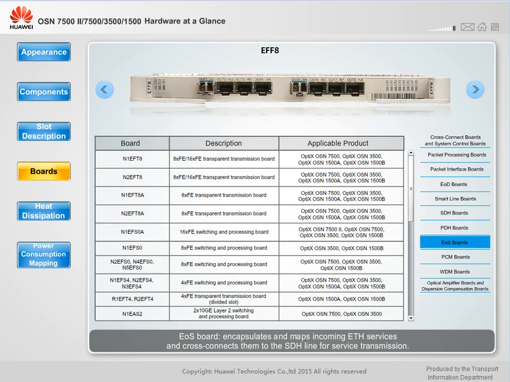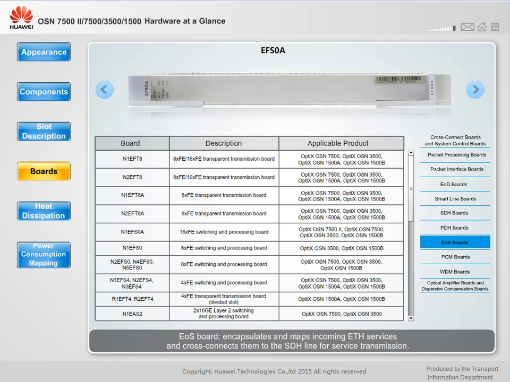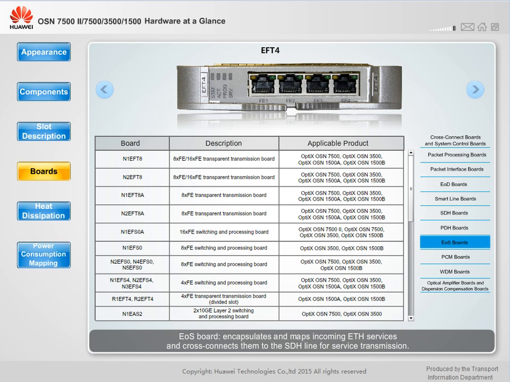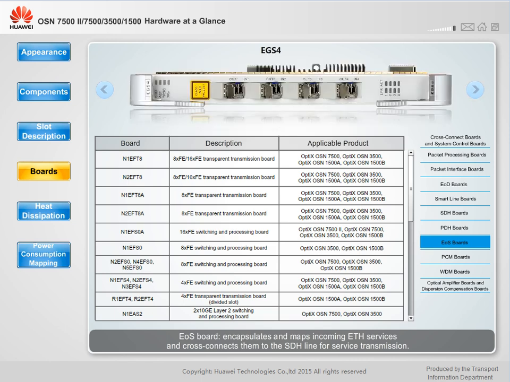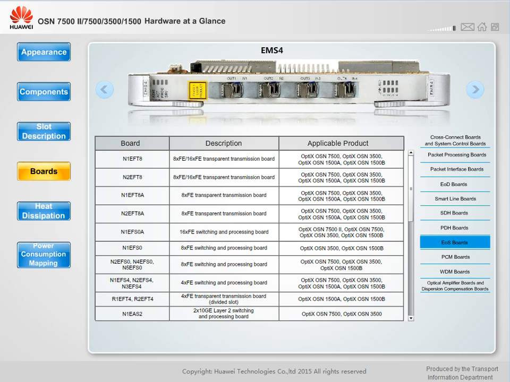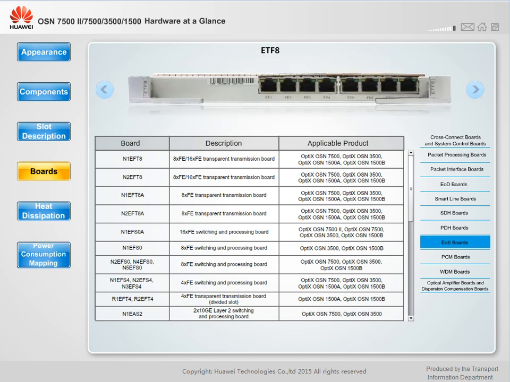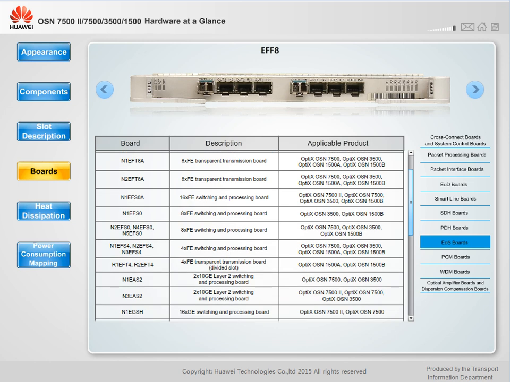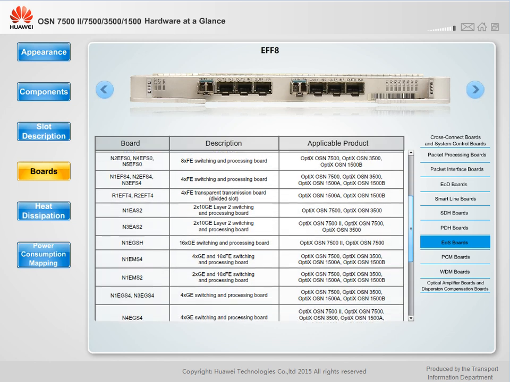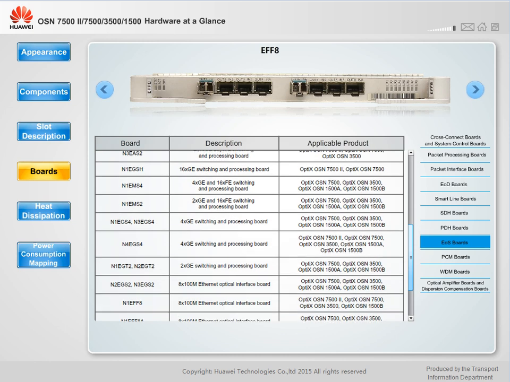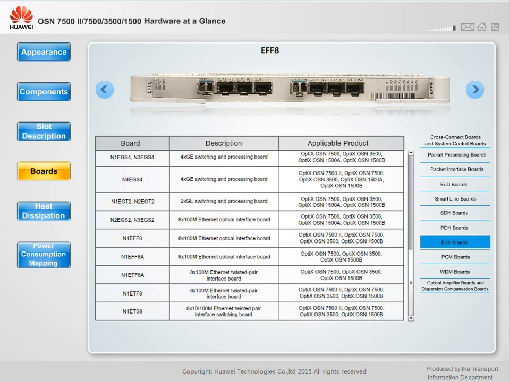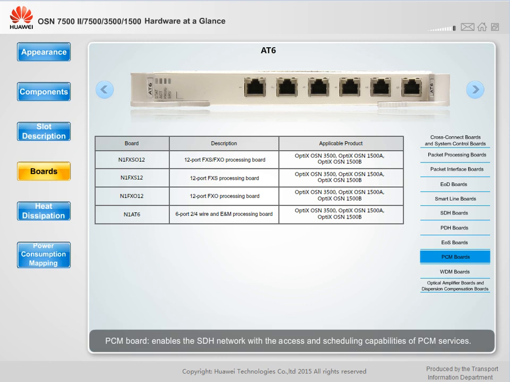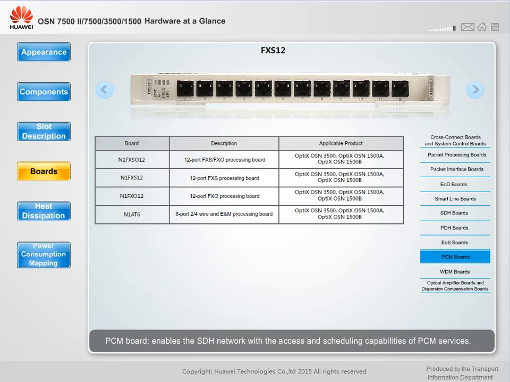The EOS board encapsulates and maps incoming ETH services and cross-connects them to the SDH line for service transmission. The PCM board enables the SDH network with the access and scheduling capabilities of PCM services.